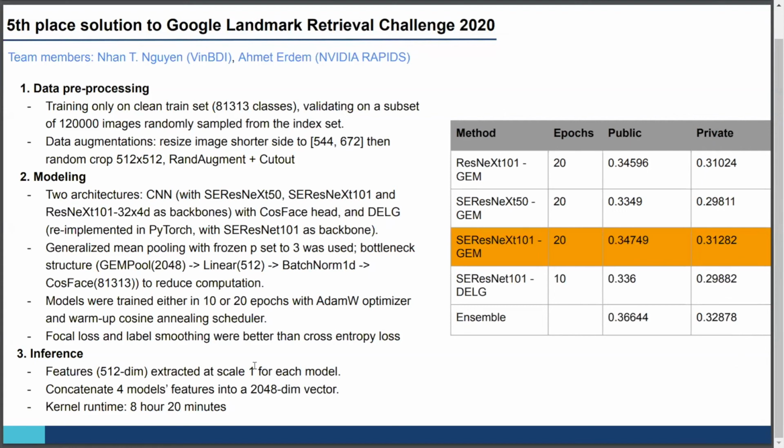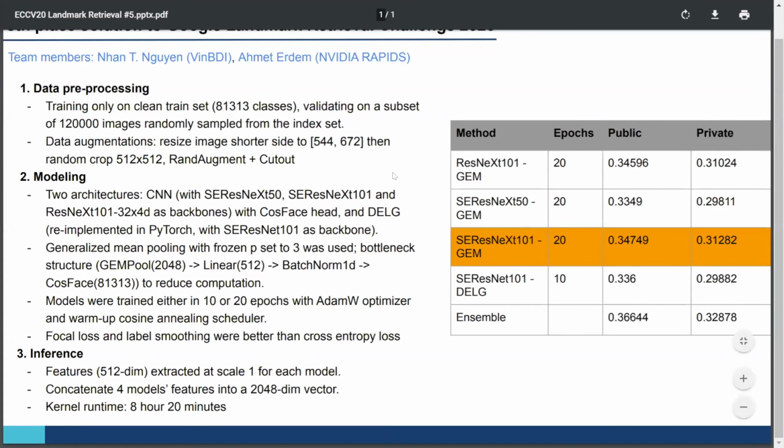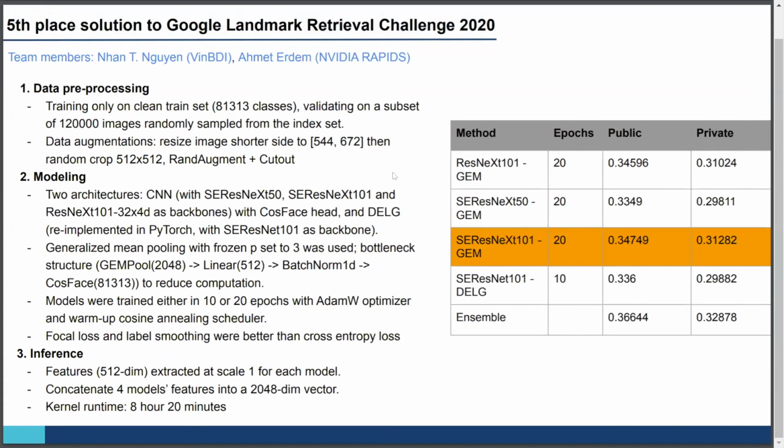Torsten, I think there's a question in the chat actually. I don't know if you saw that. Yes. So the question is, the index set is around 80K. I wonder how to sample 120K images from this set. Yeah.